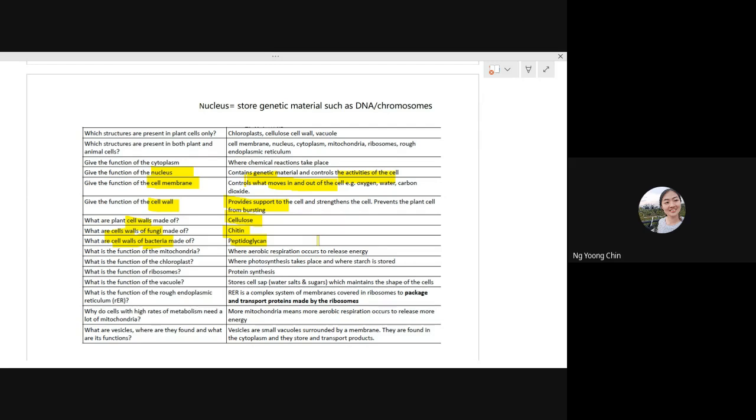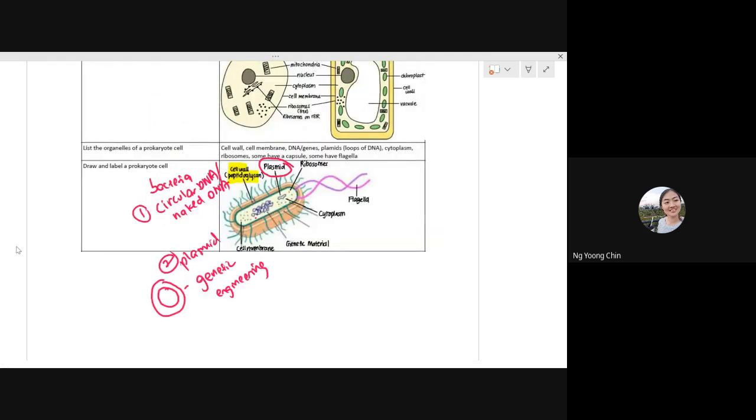So maybe you can think about how antibiotics kill bacteria. Because every time we visit the doctor, the doctor will always prescribe us antibiotics to treat secondary bacterial infections. So actually, the bacterial cell wall is being targeted by the antibiotic.